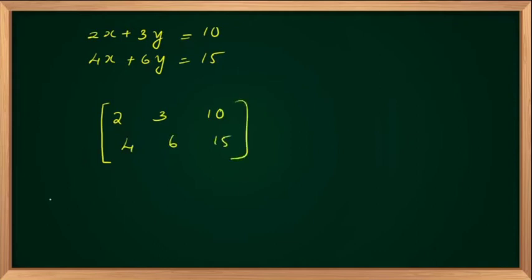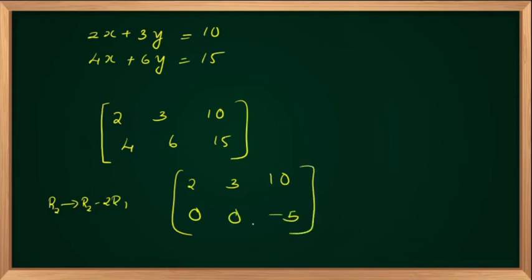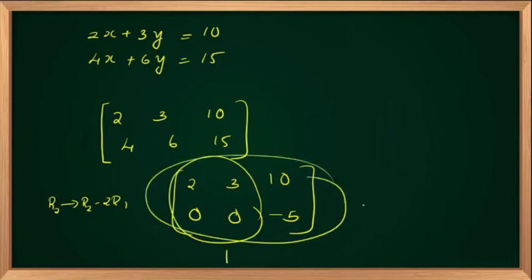Now I can change R2 to R2 minus 2 times R1, correct? So that will be 2, 3, 10. The first row will not change. The second row will be 0, 4 minus 4, 0, 6 minus 6, 0, 15 minus 20, which is minus 5. Now you can check the rank of the coefficient matrix is 1 and the rank of the augmented matrix is 2. So 1 is not equal to 2.